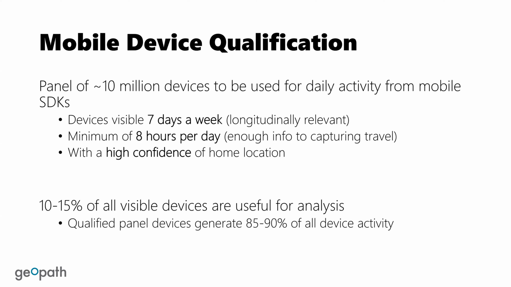So we're looking for devices that have a high amount of location information coming off of them, so that we can understand their representativeness of those local areas and neighborhoods, so that we can correctly project to the full population travel. That's an important distinction. That's one of the reasons why we are seeing a smaller percentage of all of the devices being used, because we want to make sure that we're looking at high quality devices.